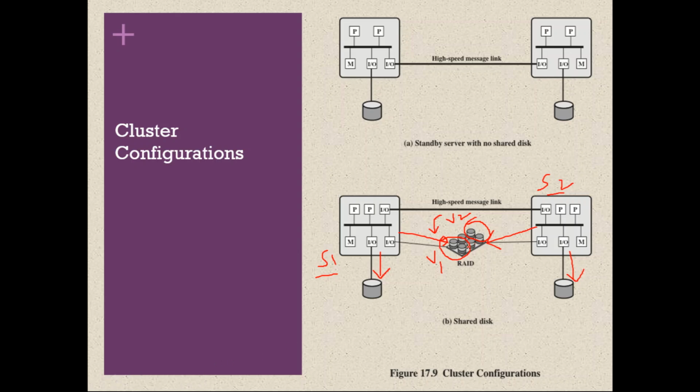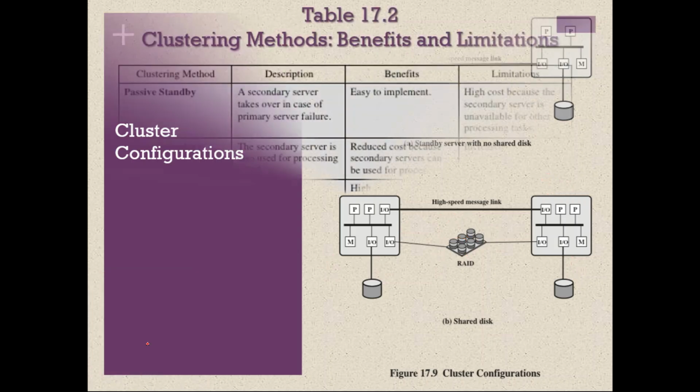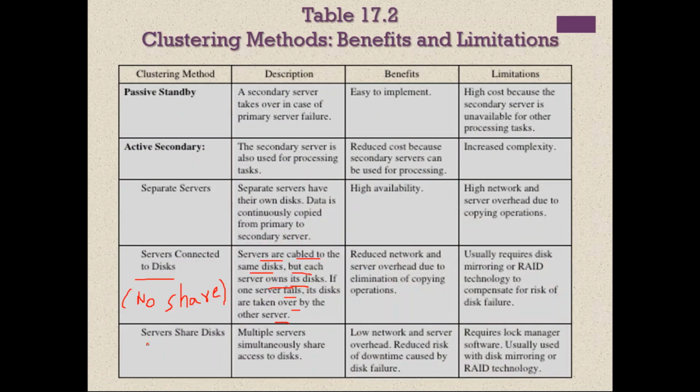They are just cabled to the common disk, but it is not shared. Normally V1 and V2 are not shared, but if one of the servers fails, then the other one can get access to the other volume. So the benefit of this model is it reduces network and server overhead due to elimination of copying. Here we need not copy.